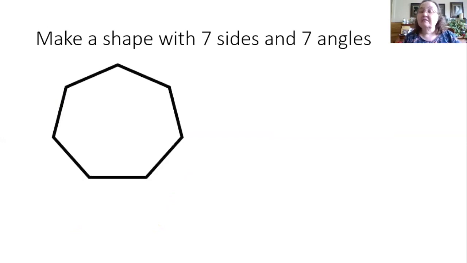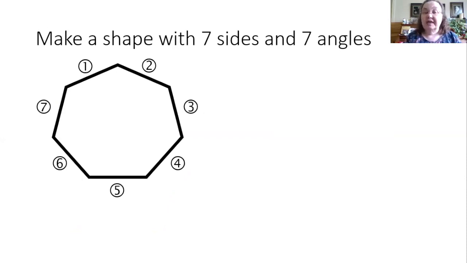And let's count to see that they have 7 sides. 1, 2, 3, 4, 5, 6, 7. They do have 7 sides. Do they have 7 angles? Yes, they do have 7 angles. Can you see where they are? Wonderful. Make a different shape with 7 sides and 7 angles.